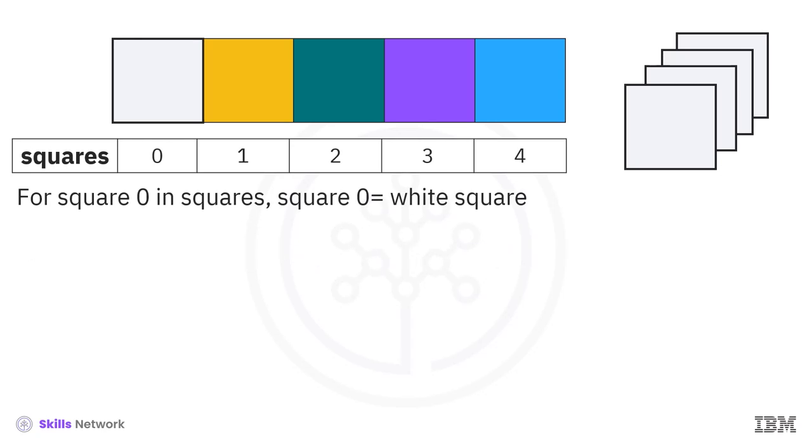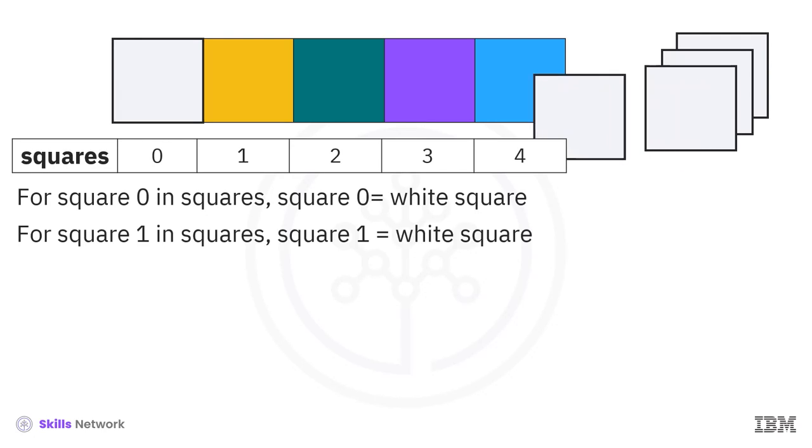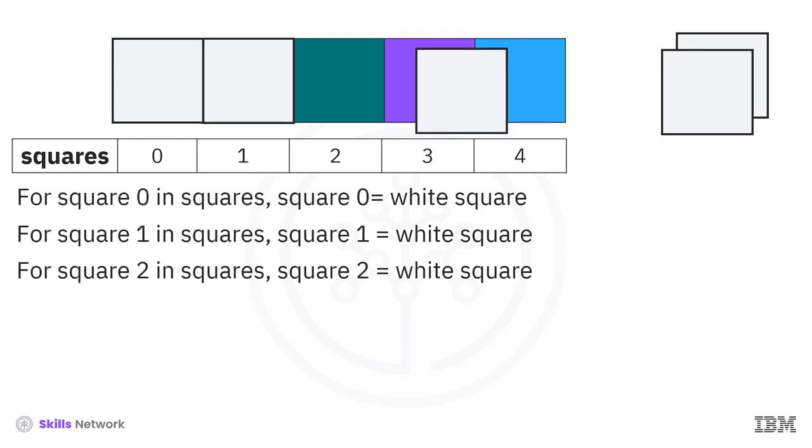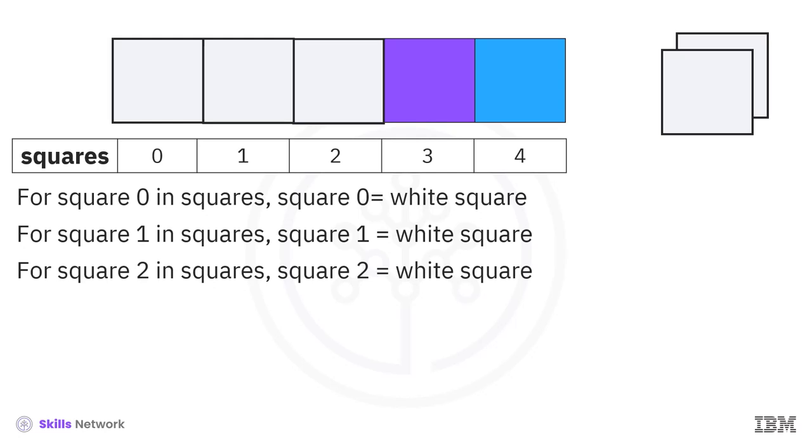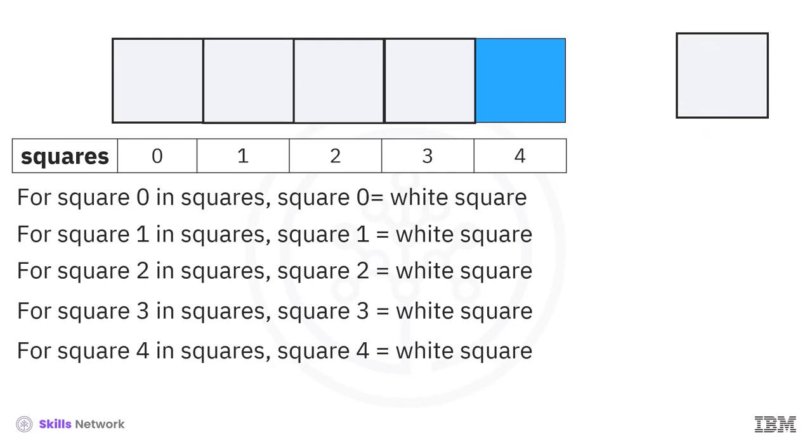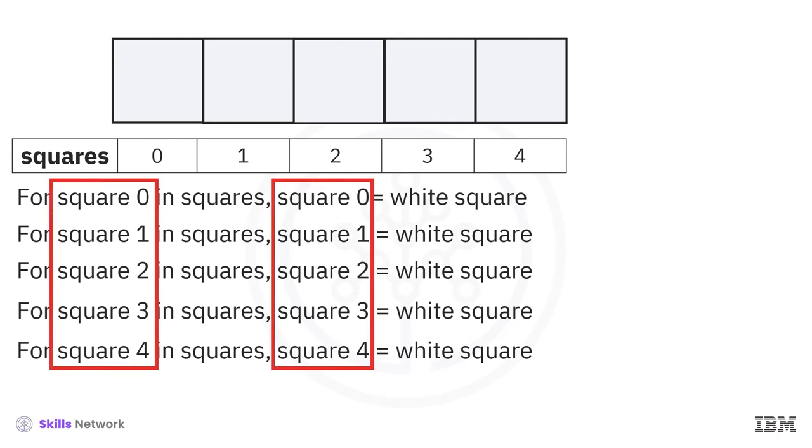Similarly, for the next square, we can say: for square 1 in squares, square 1 equals white square. For the next square, for square 2 in squares, square 2 equals white square. We repeat the process for each square. The only thing that changes is the index of the square we are referring to.